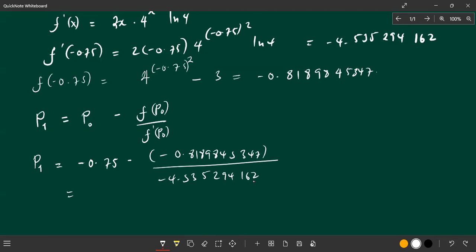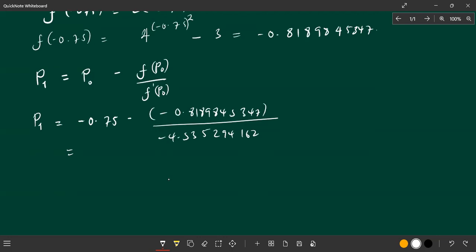So this gives about negative 0.9305802458. This is our P1.